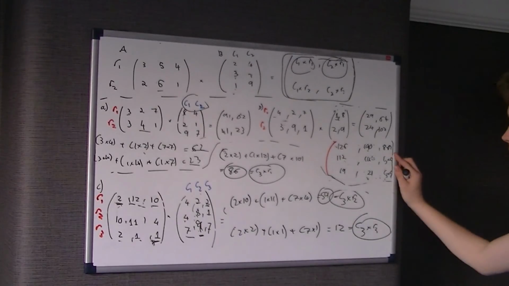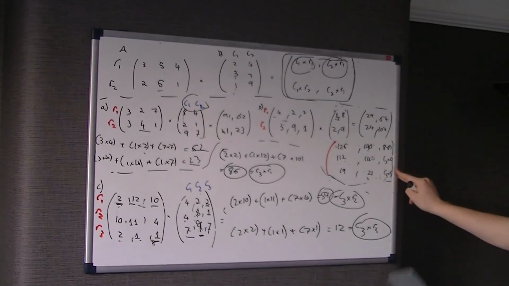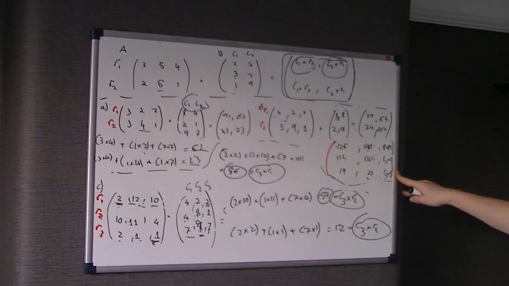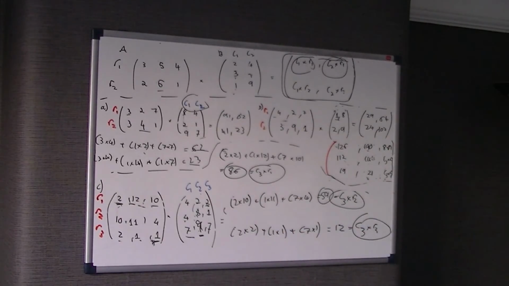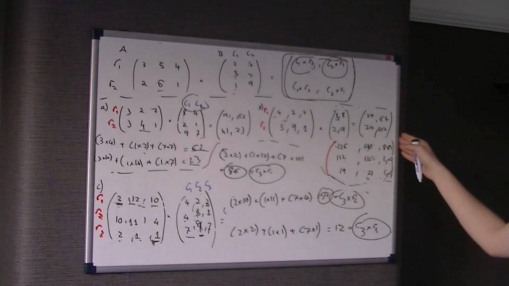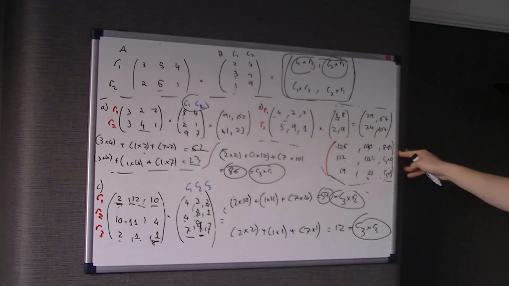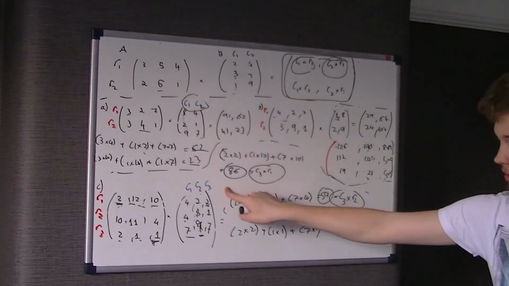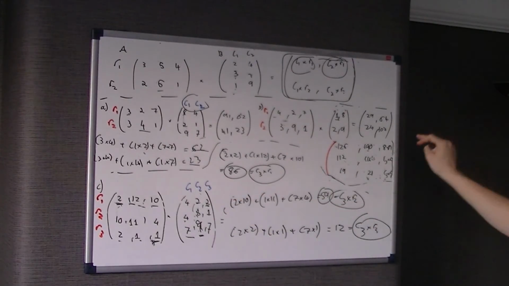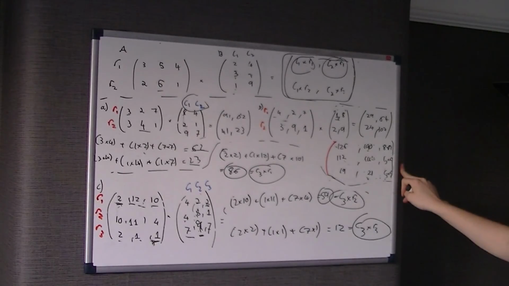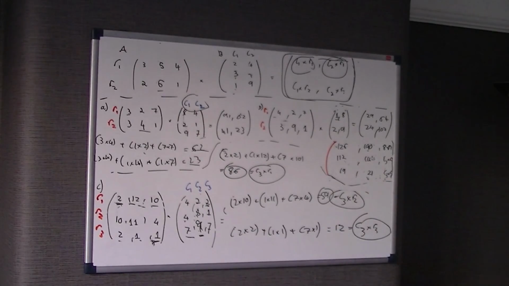So it'd be column 3 times row 1, column 3 times row 2, column 3 times row 3, column 3 times row 4. And if you were to add another column in the second matrix, then the fourth column in the answer matrix would be the fourth column in the second matrix, if we had one. So then you'd do the same pattern of column 4 times row 1, column 4 times row 2, column 4 times row 3, column 4 times row 4.